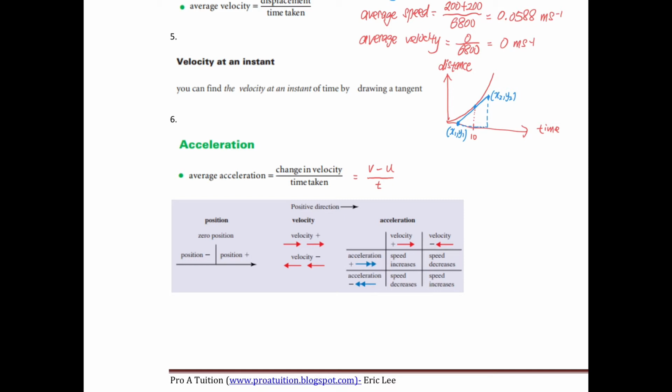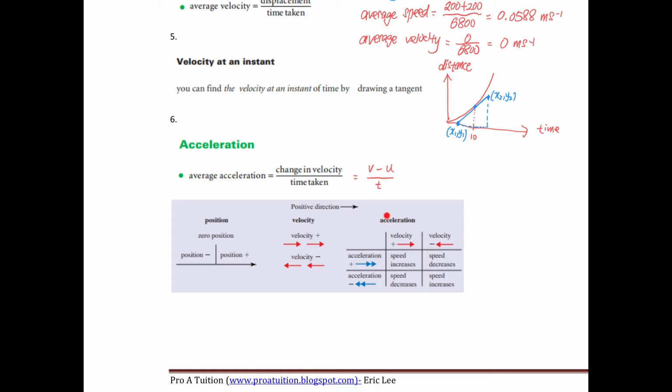Now let's see the picture here. It summarizes everything. For position, remember, must start from a fixed origin. Let's say this is the fixed origin. On the right of the fixed origin, the position is positive. On the left of the fixed origin, the position is negative. Velocity: when the object moves to the right, positive, and when the object moves to the left, negative.